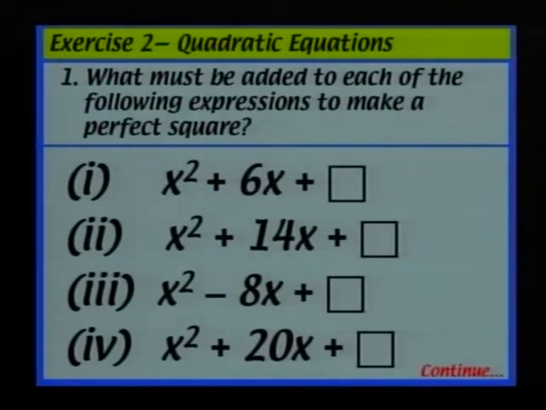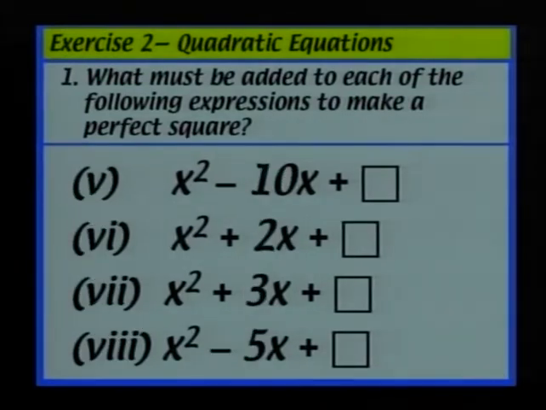16. Number 4? 100. Number 5? 25. Number 6, Kyle? 1. Good. Tamaku? What's half of 3? 1.5.